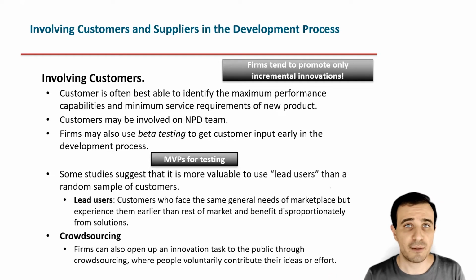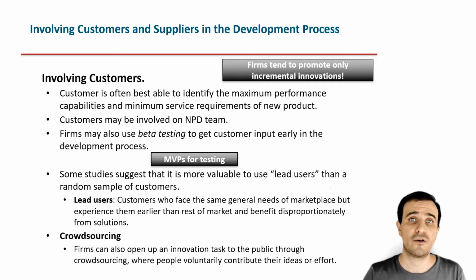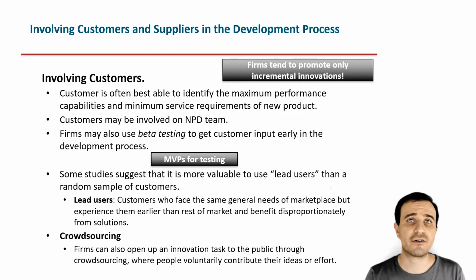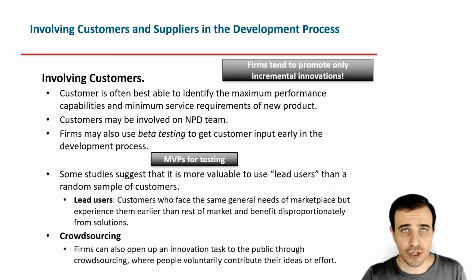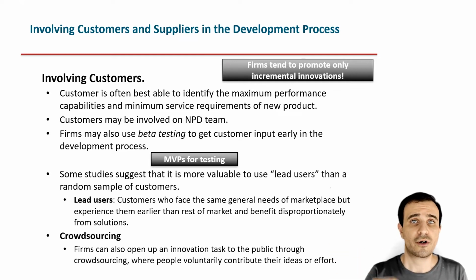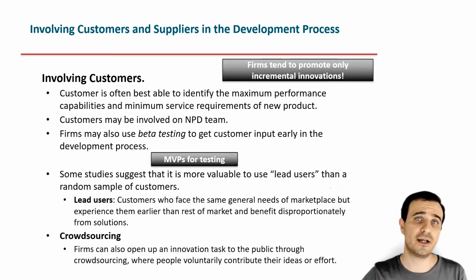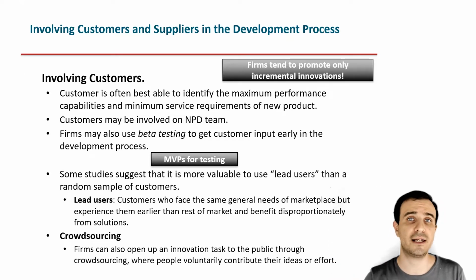Crowdsourcing can be implemented with some caveats. One is that when you do crowdsourcing, you need to translate what you would like to do in a very general, broad, comprehensive way, because sometimes the solution to your new product development problem can come from a completely different technology or a completely different discipline.